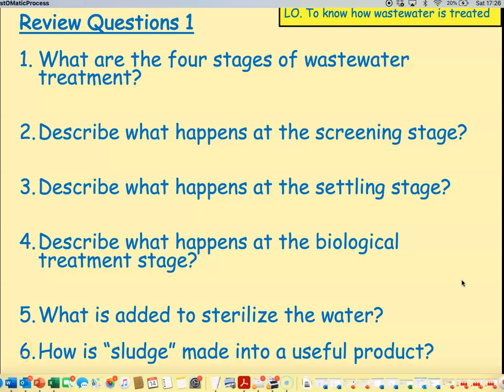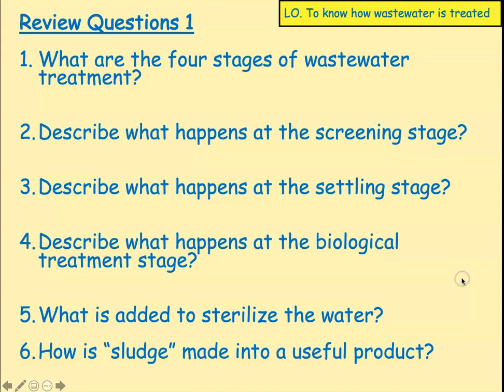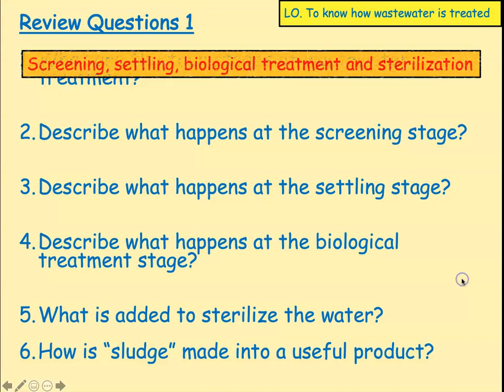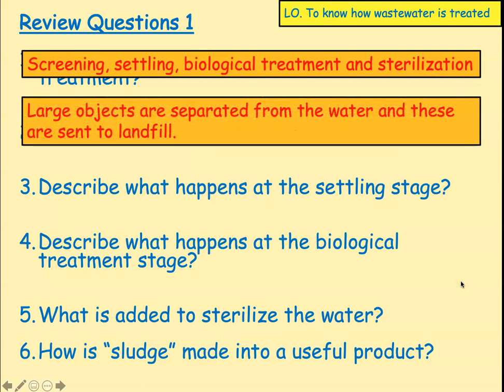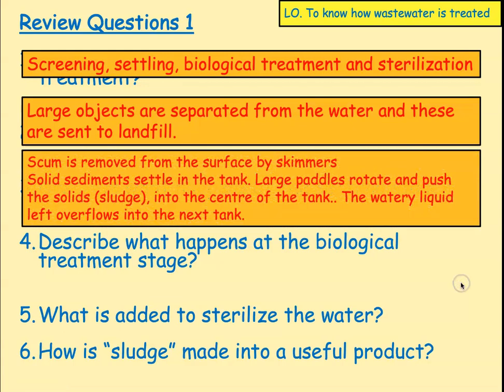Okay, let's look at the answers now. So the 4 stages of wastewater treatment are screening, settling, biological treatment and sterilisation. At the screening stage, large objects are separated from the water and these are sent to landfill. At the settling stage, scum is removed from the surface by skimmers. Solid sediments settle in the tank and the large paddles rotate and push the solid sludge to the centre of the tank.